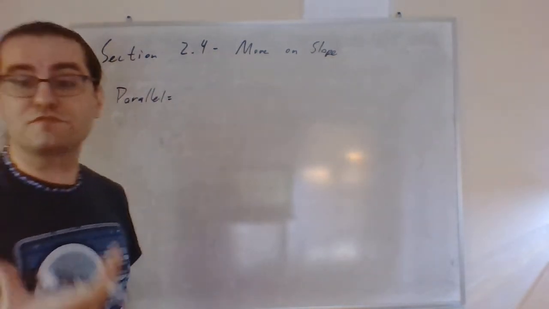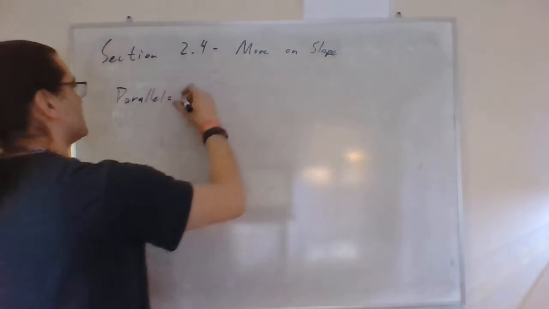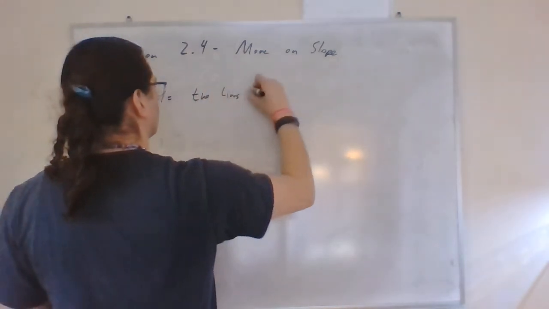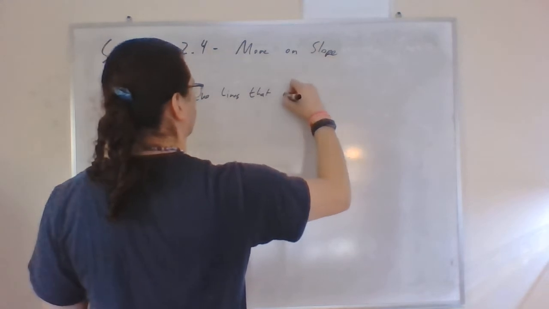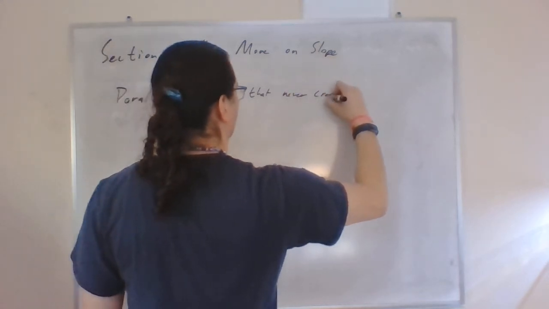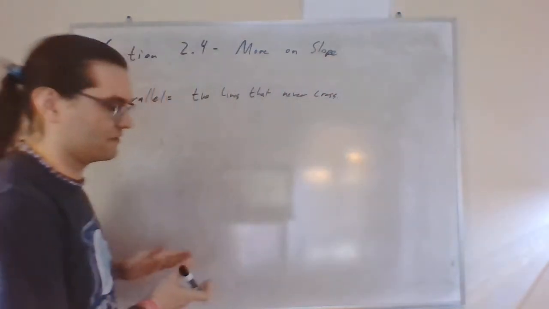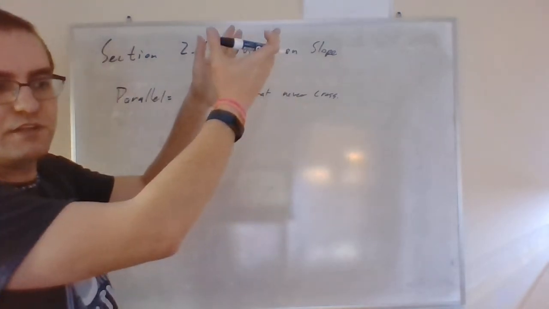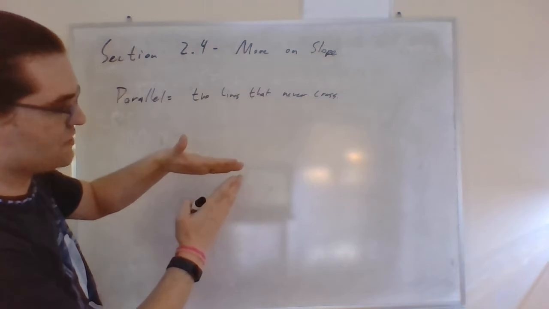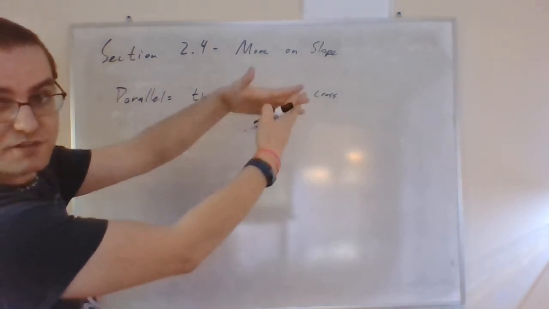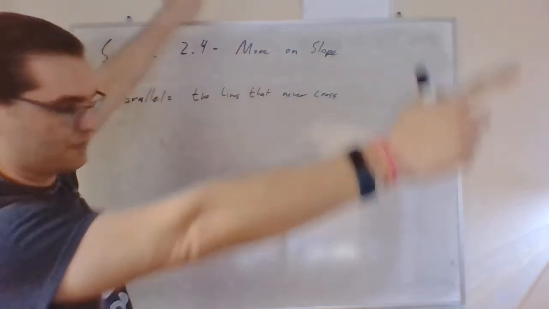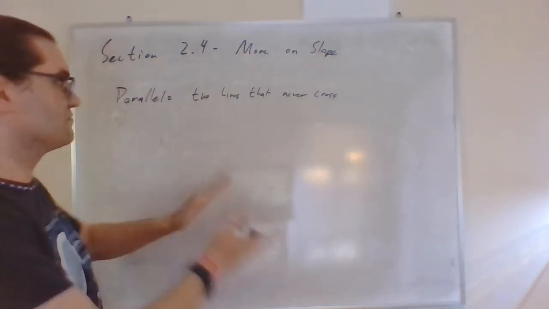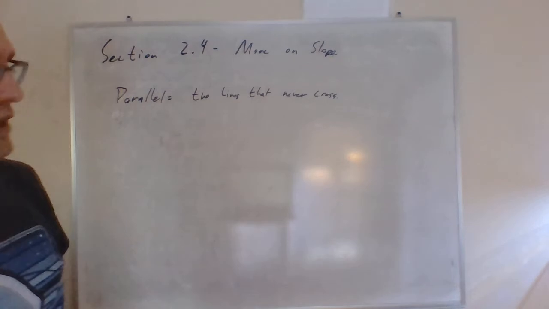In terms of geometry, parallel means two lines that never cross. So they run side by side indefinitely, forever. If one of them is off by a little bit, they will eventually cross and intersect and then spread out. But if they're parallel, they never cross on the plane.